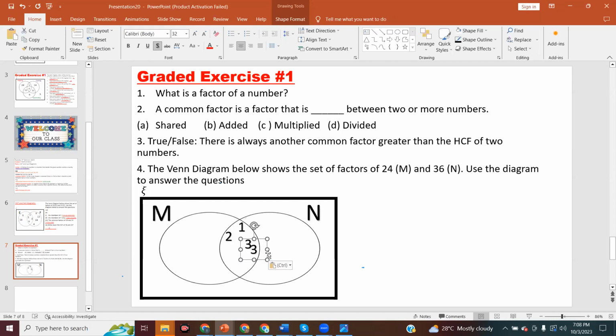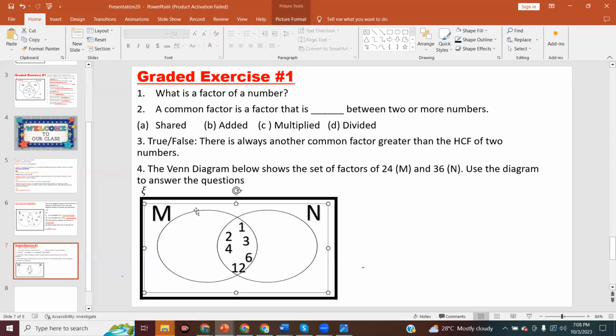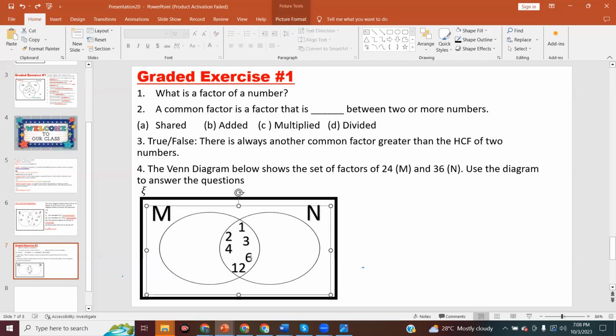Let's say we have 4. So we have 6. And 12. So those are the numbers that are in the middle. 1, 2, 3, 4, 6, and 12.